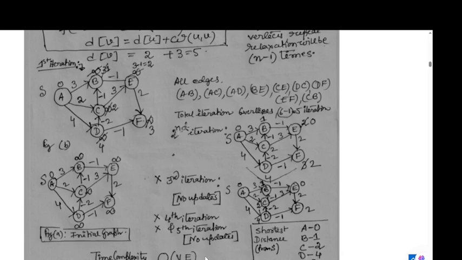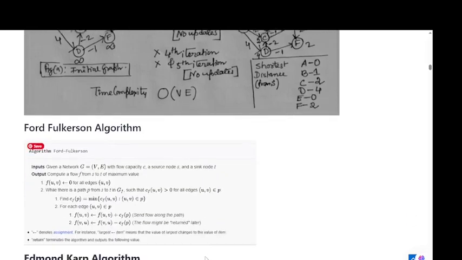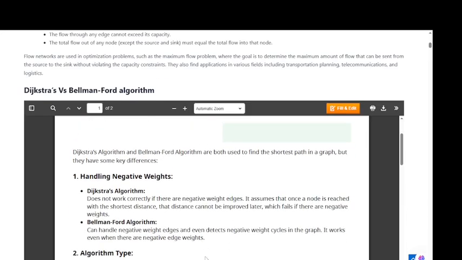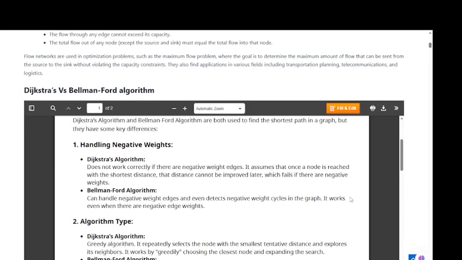So this is the Bellman-Ford algorithm, which is a very important algorithm. However, Bellman-Ford can work on negative weights, but Dijkstra algorithm cannot work with negative weights. So if you see Dijkstra versus Bellman-Ford, what are the differences?